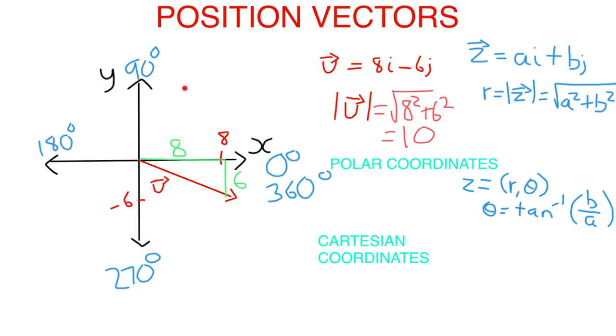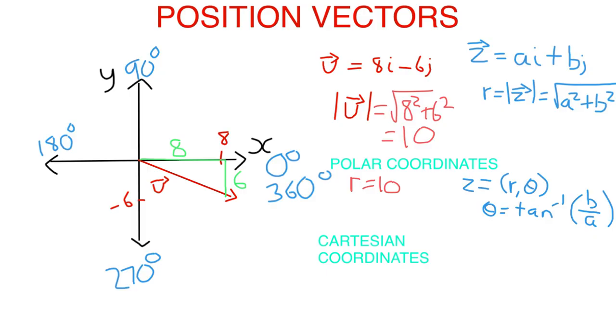All vectors of magnitude 10 would lie on a circle, and this is kind of like the radius of the circle. So we're going to look at writing u in polar coordinates. We know that r is just going to be the magnitude, which is 10, and we're going to find the angle theta by using tan inverse of b over a, tan inverse of y coordinate over x coordinate. That's just using simple trigonometry.